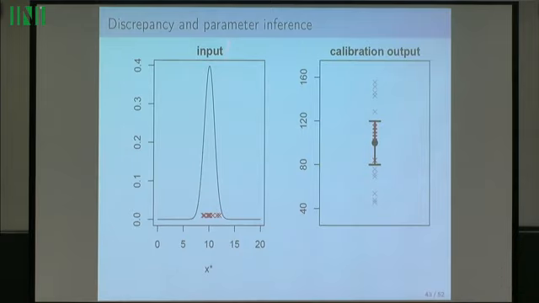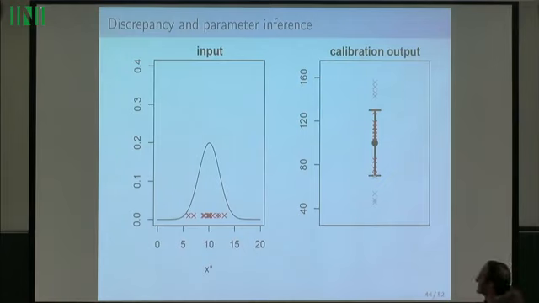The effect of allowing for discrepancy is that it's inflating the noise so that I have a bit more uncertainty about what the input is. I think that's absolutely fine, because you're saying, if this X star is physically meaningful, I don't believe that at the true value I will necessarily get as close as I'm expecting to the true output, so I shouldn't exclude that, and that's okay.